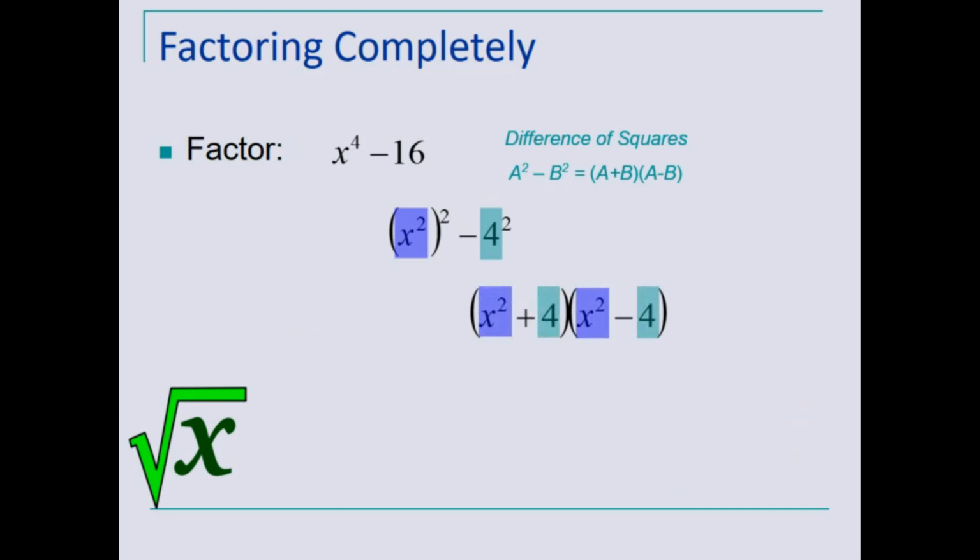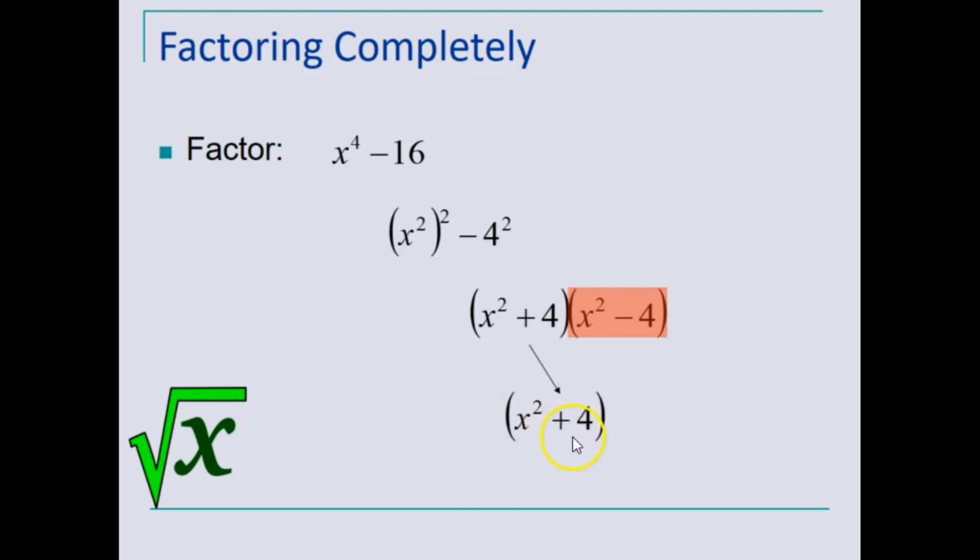Before leaving a factorization, it's always a good idea to inspect the results to see that they've been factored completely. Sometimes a complete factorization requires 2 or more steps. We see here the first binomial is a sum of squares. A sum of squares is prime, as we just saw.